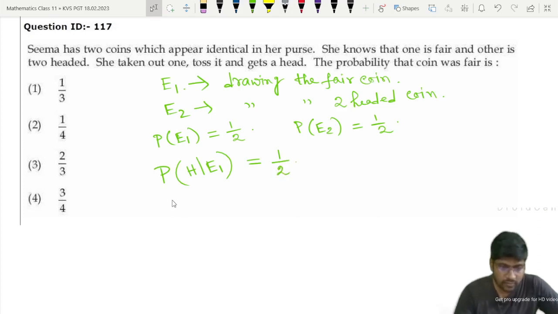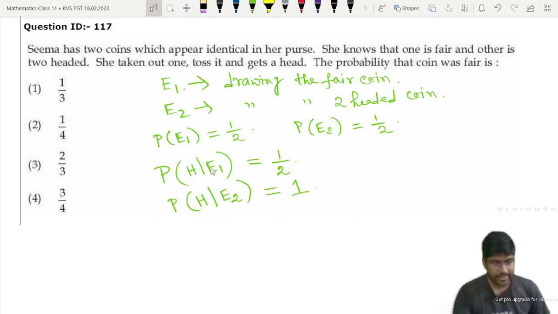Okay, and probability of head given E2. E2 is a two-headed coin, so here the probability will be equal to 1. So probability of head given E1 is equal to 1 by 2 and probability of head given E2 is equal to 1.